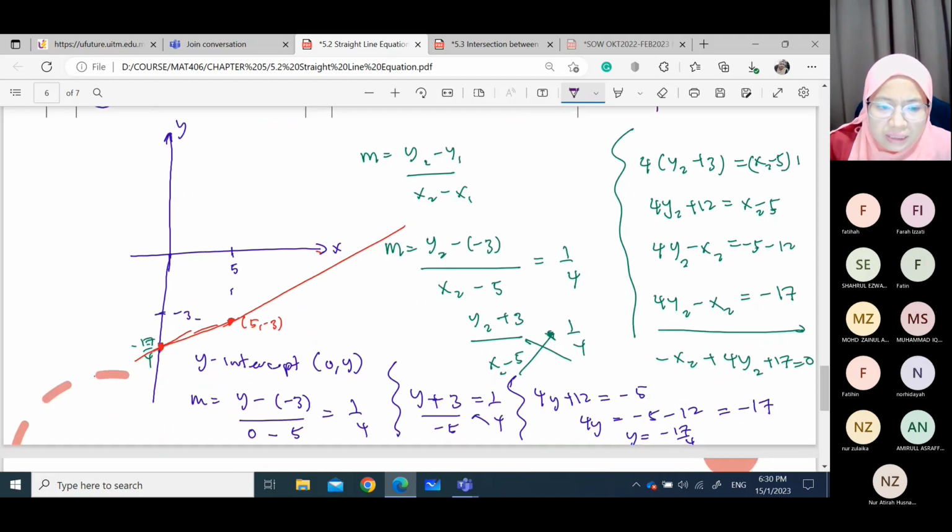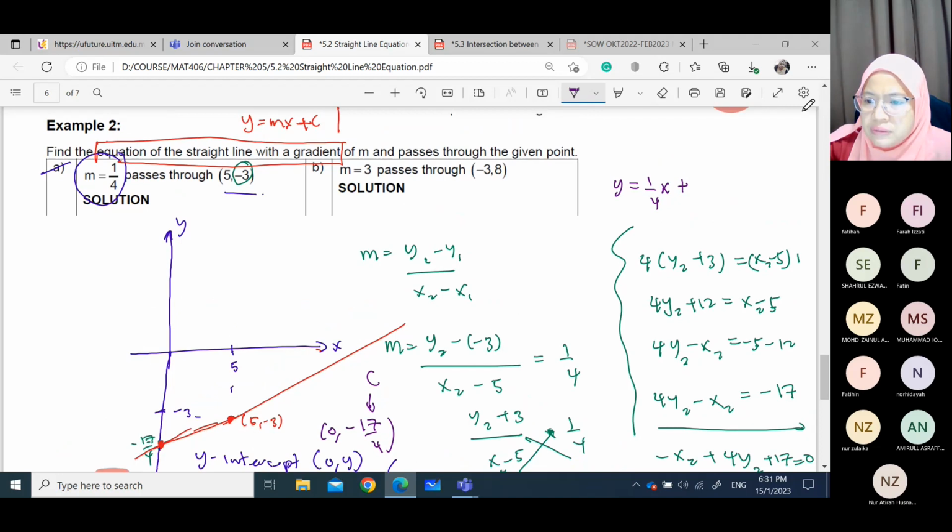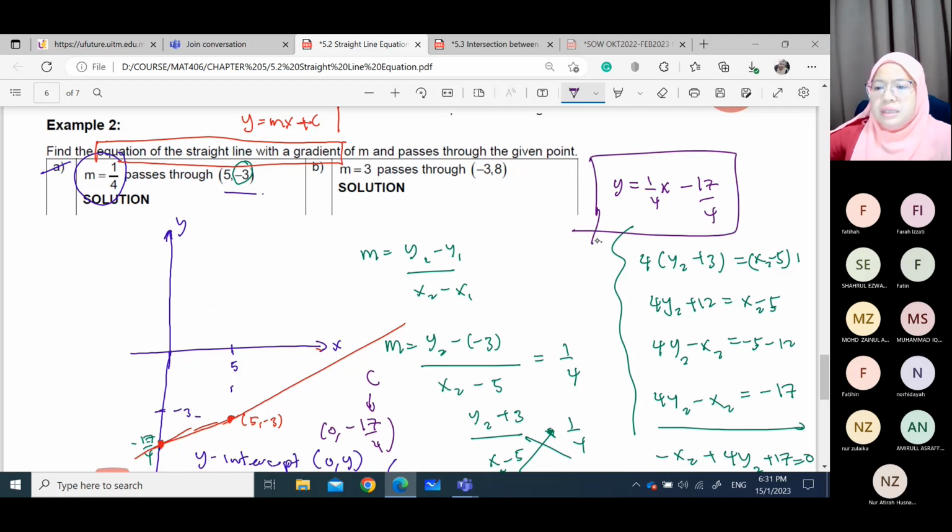So c dia adalah yang ini di sini, negative 17/4. So this one is c, y-intercept. So y-intercept it is 0, negative 17/4. Okay, so ini kita punya c. So c kita adalah negative 17/4. So ini adalah equation yang dicari.